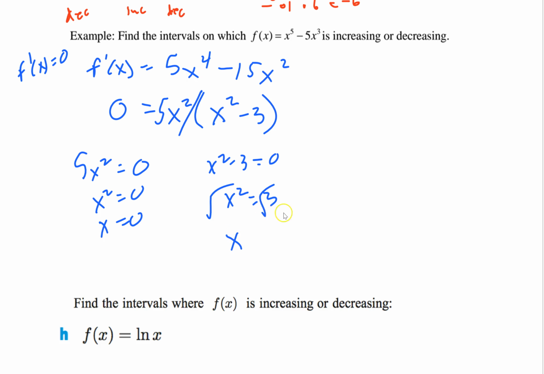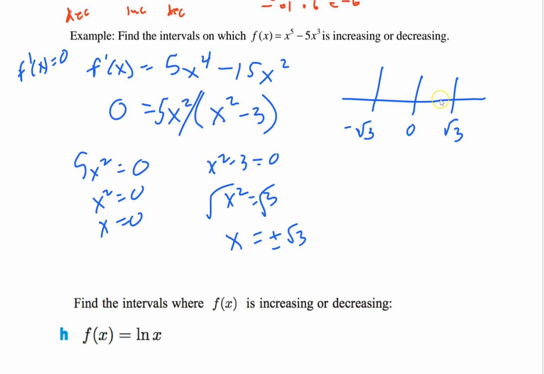Now keep in mind you're going to get two answers here. Plus and minus rad 3. Now again, if you know how to graph this, you can still do it like this, it works the same way, but let's do a sign chart so we can see it. So now I have 3 things that I worry about. There's negative rad 3. There's 0. And then there's rad 3.